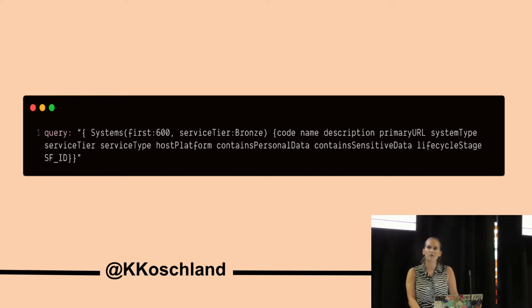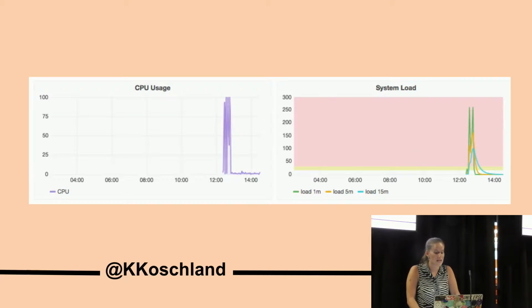It was this GraphQL query which was trying to retrieve the first 600 systems that had a bronze service tier. In fact, we were reaching 100% CPU when running this query, and it was at the very low rate of 10 requests per second. CPU is the central processing unit in the computer that does all the computational work.